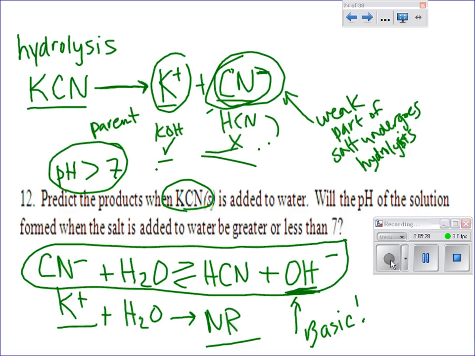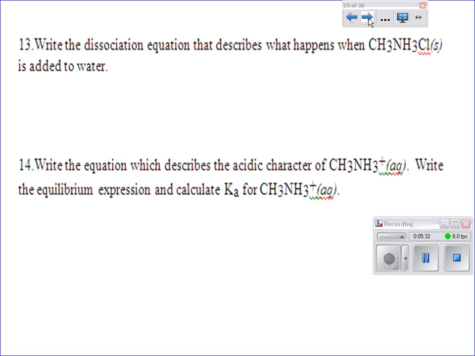Okay? So let's jump into doing an actual one of these problems after we do number 13, which is not one of these problems. Write the dissociation equation that describes what happens when that nitrogenous base that has a halogen on it is added to water.